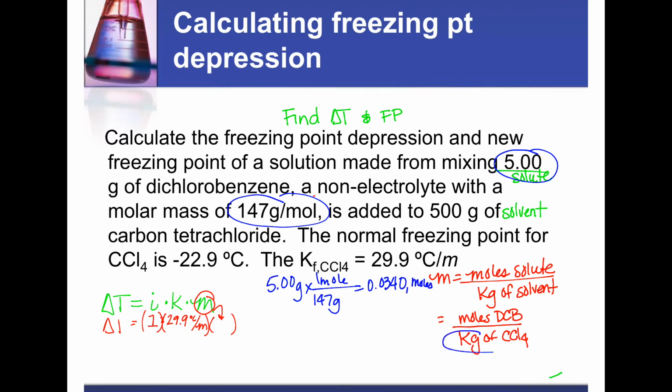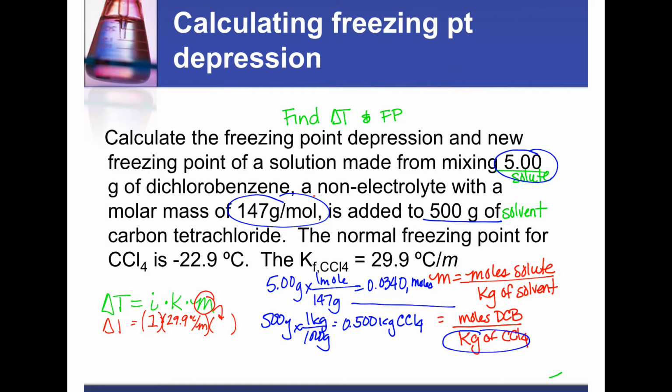And then to find kilograms of carbon tetrachloride, there were 500 grams. There are 1,000 grams in 1 kilogram, so that's 0.5 kilograms carbon tetrachloride.